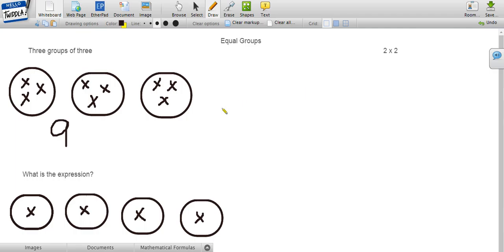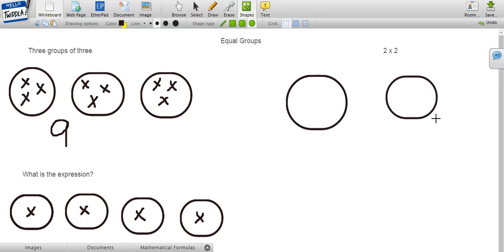Moving forward, this reflects over into a multiplication expression. So if we have 2 times 2, we know that we have two groups, and there are two items in each group.